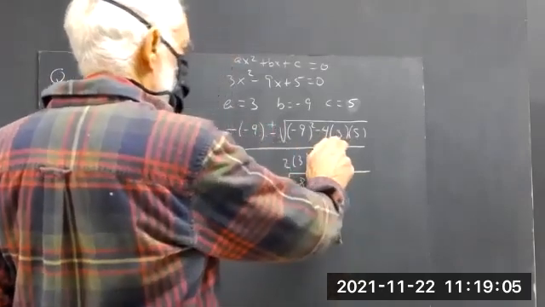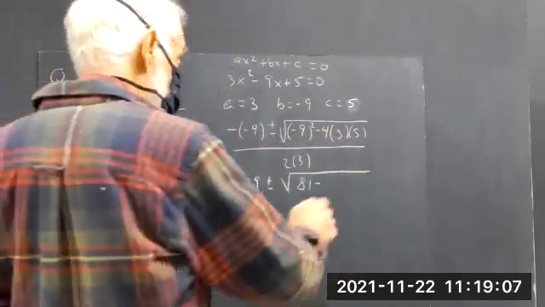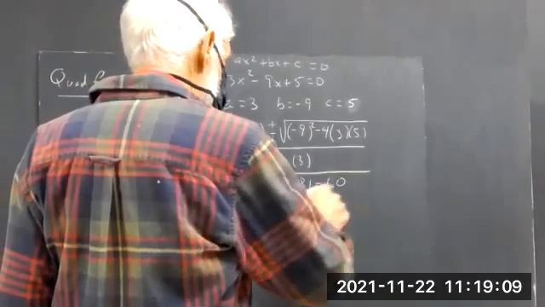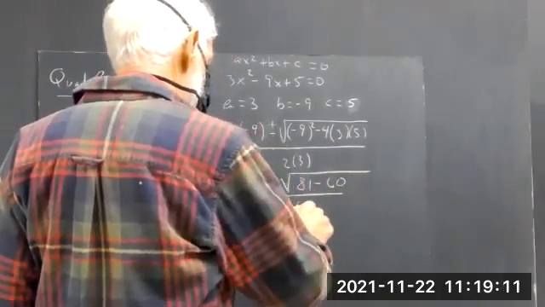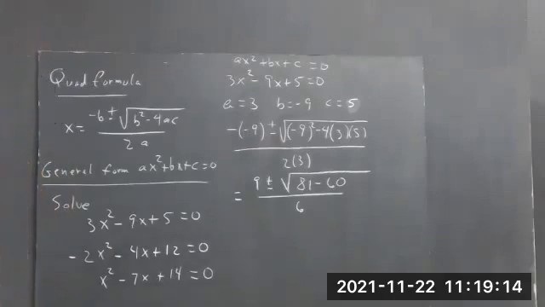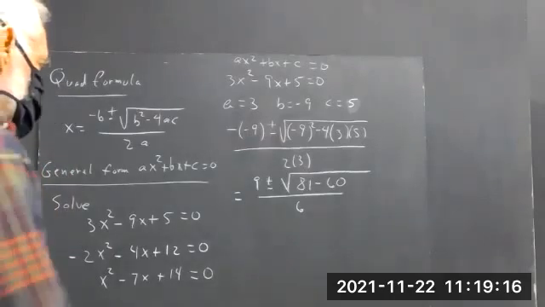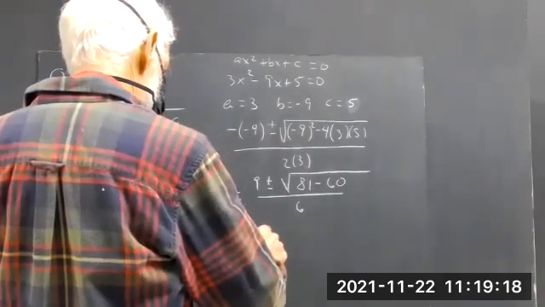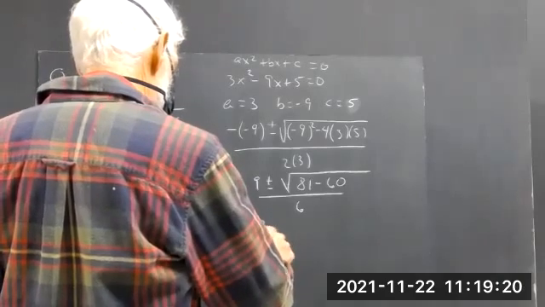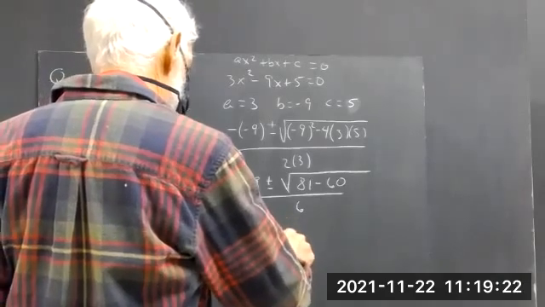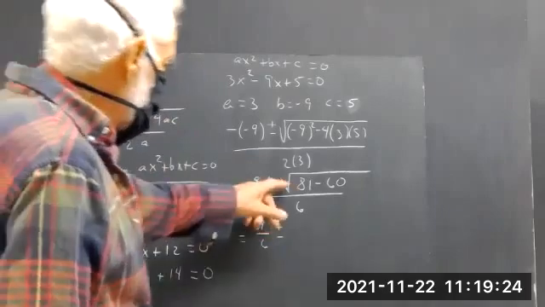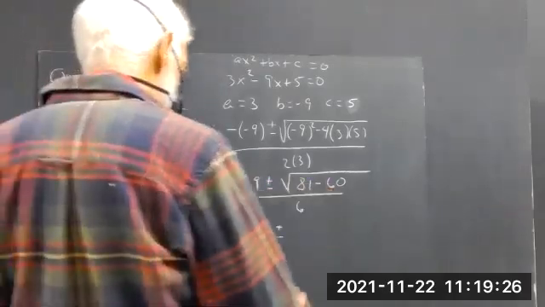And 4 times 3 is 12. You multiply that by 5, you get 60. And that's over 6. That gives us 9 over 6 plus or minus the square root of 81 minus 60, which is 21.